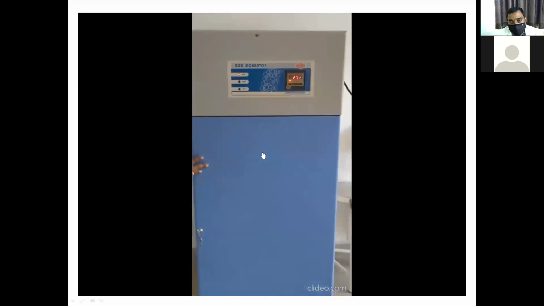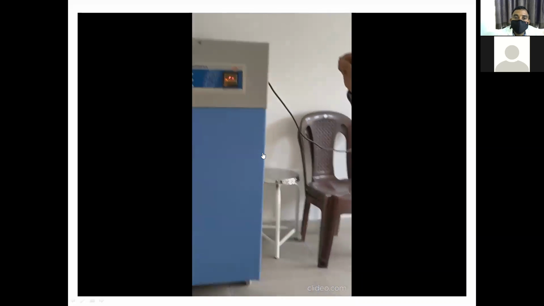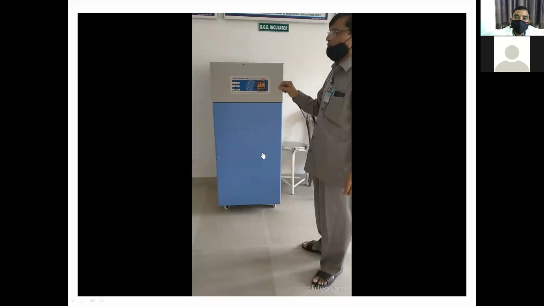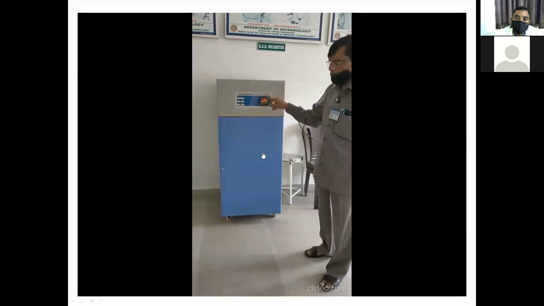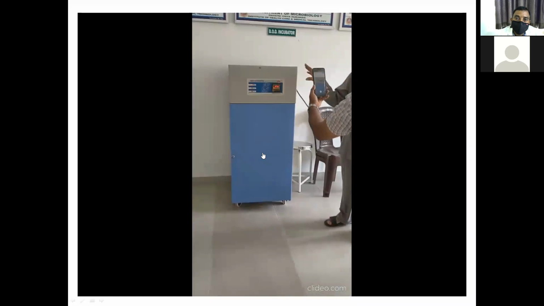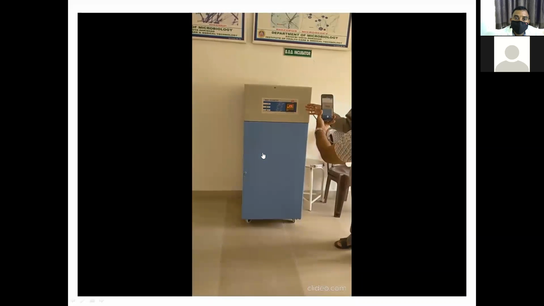This is a BOD incubator, but you can also keep it at room temperature. If a BOD incubator is available, you can keep it at 25 to 27 degrees centigrade. If not possible, you can keep it at room temperature.